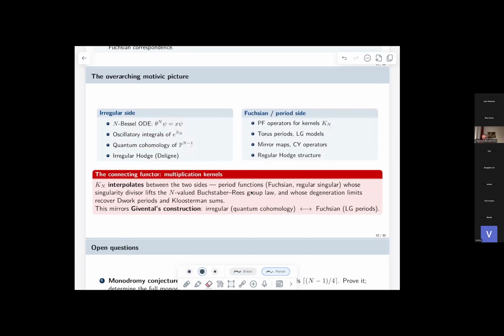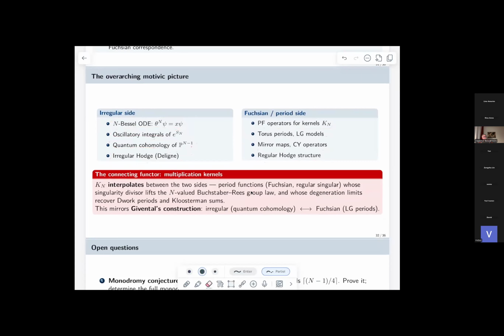At least not on your slide, because irregular Hodge structure is quite a subject. Quantum cohomology of P^(n-1) is a very particular quantum differential equation, but maybe you have in mind something about more general Fanos, because P^(n-1) is just an example.